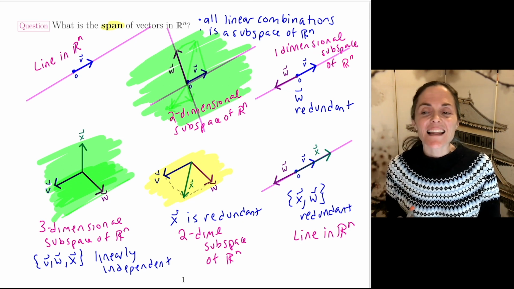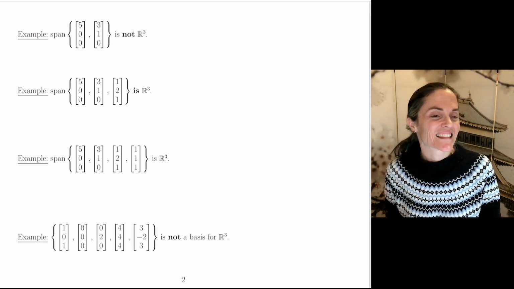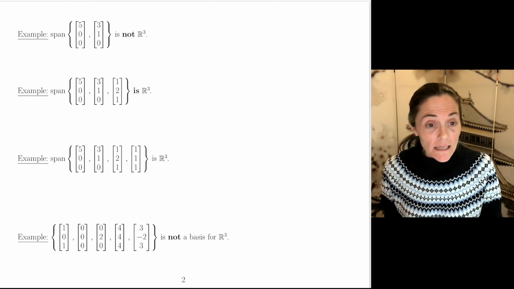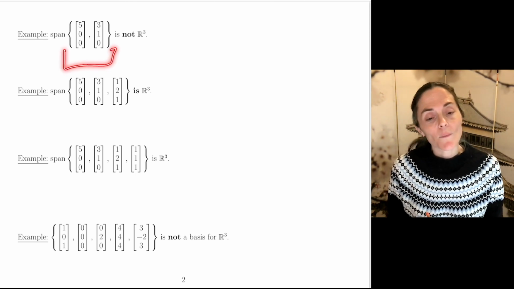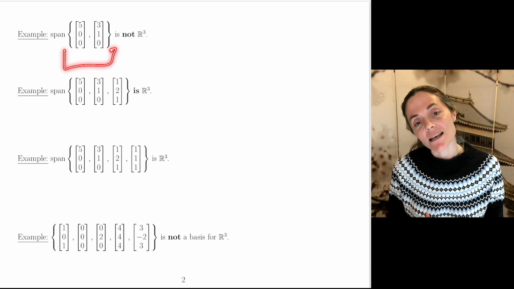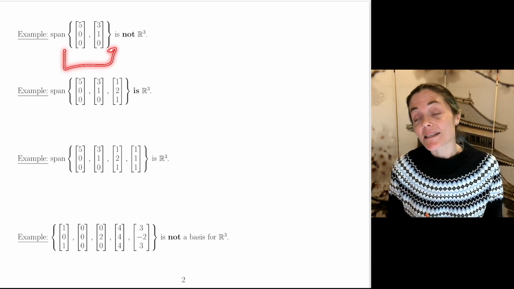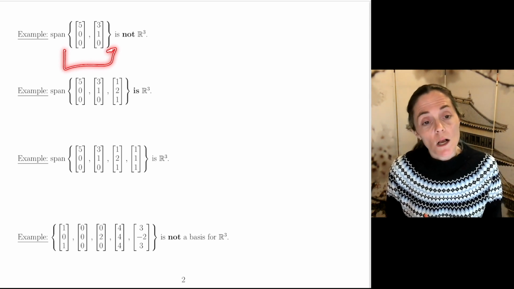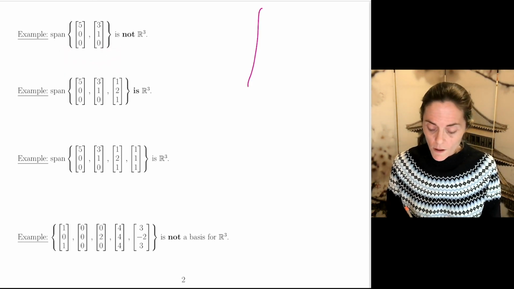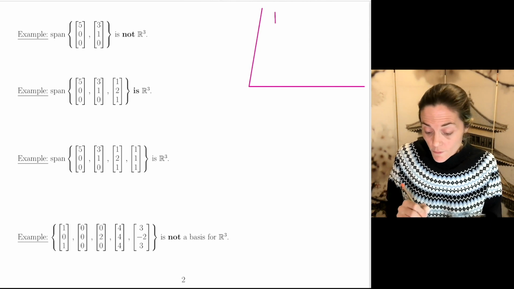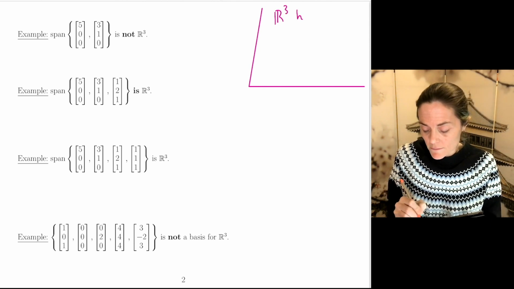Now, let us do some examples. The first example, I claim that the span of these two vectors is not R3. Now we can use some things that we've discussed since I first mentioned span, about dimension. So we know R3, maybe I should put this in the corner, R3 has dimension 3.